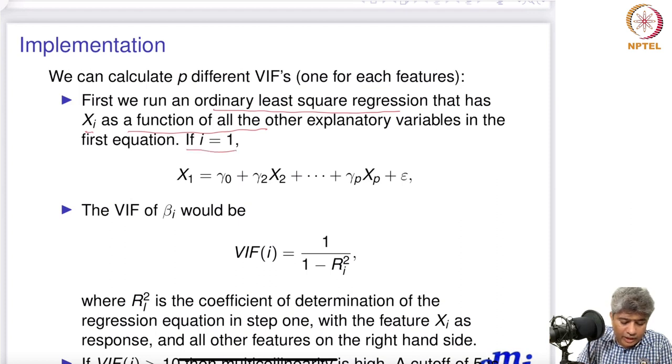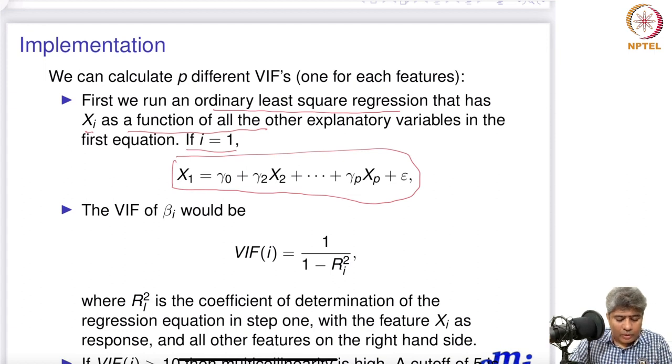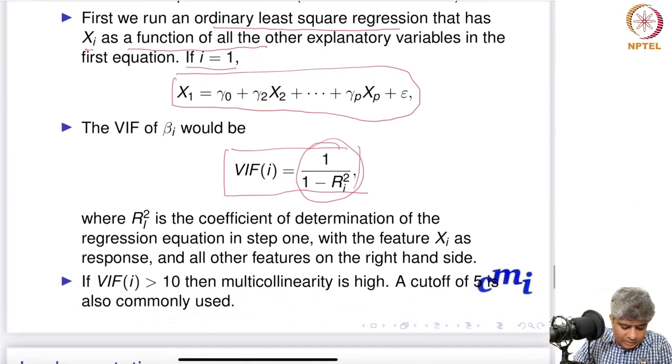Suppose i equals 1, we fit x1 as a function of gamma naught plus gamma 2 x2 plus dot dot dot gamma p xp plus epsilon, and then calculate the variance inflation factor, which is simply 1 over (1 minus ri squared).